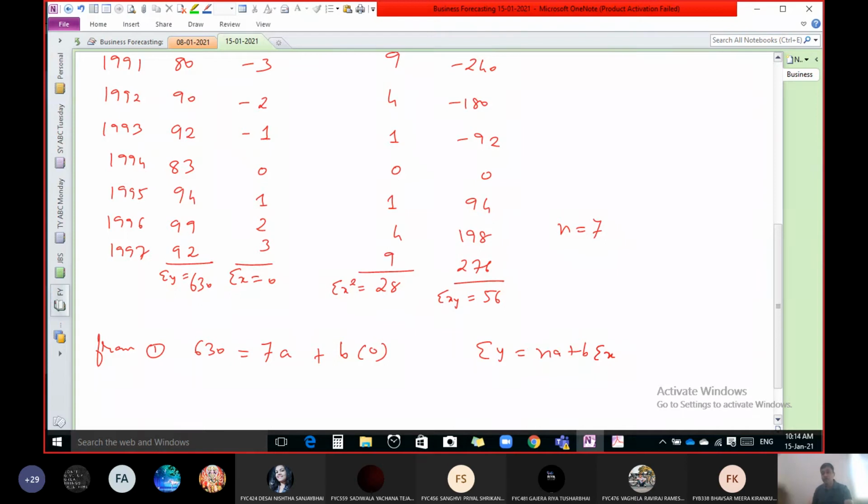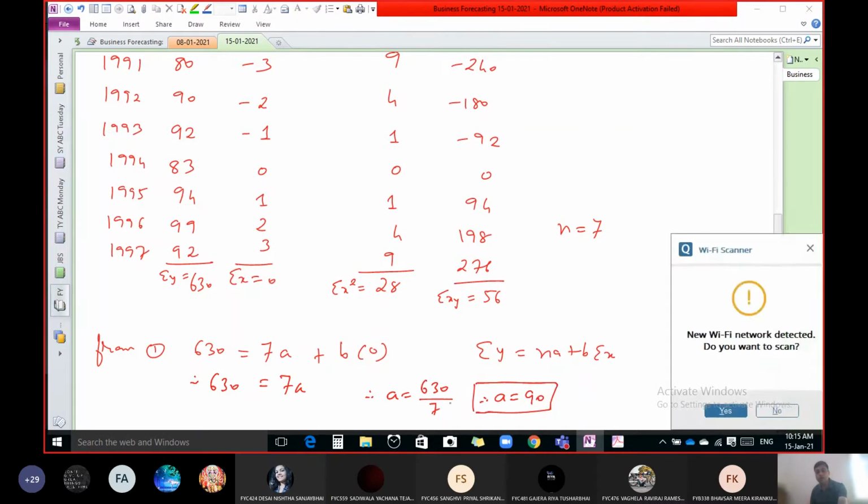So in that, if we substitute values, we get 630 equal to 7a plus b into 0. B into 0 is 0. So we get 7a equal to 630. So a equals 630 divided by 7. So we get a equal to 90.